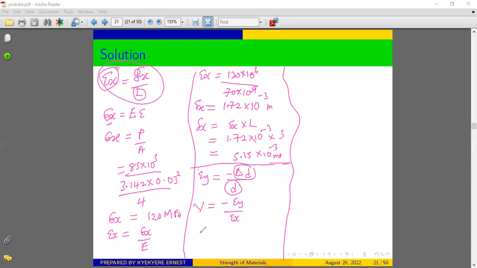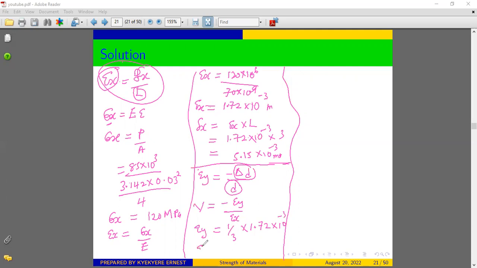And from here, we can say that the strain in the y-axis is going to be the Poisson's ratio, which is 1/3, times 1.72 times 10 to the power negative 3.